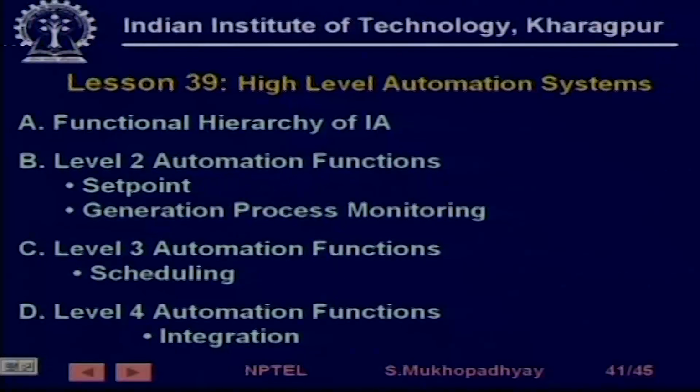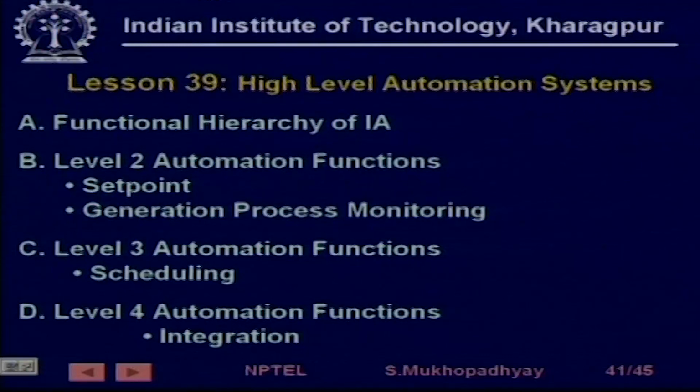And then in level 4 we have business systems which employ technologies like supply chain management and enterprise resource planning. They generate long range plans and market projections, and they decide how much order has to be taken, what the commitments and deadlines are.